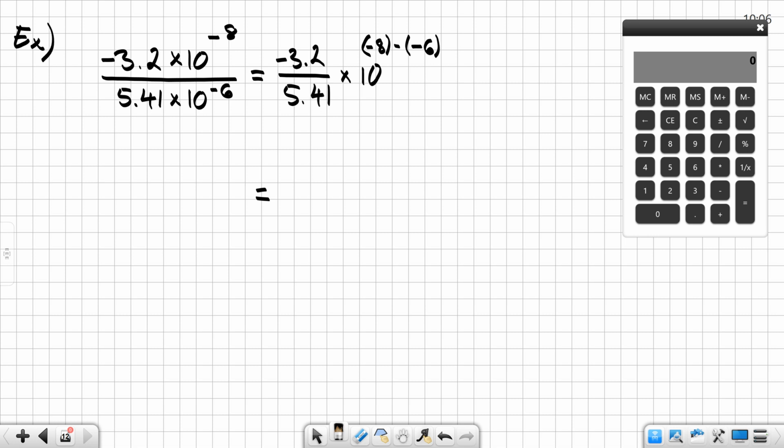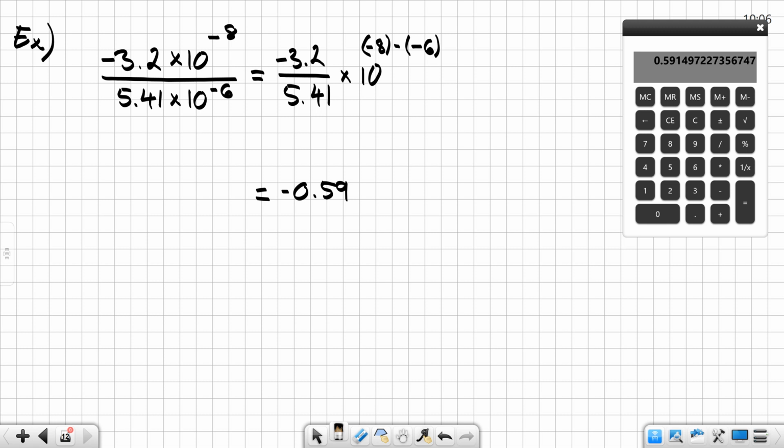Well, the first thing, what do I have? For my calculator, I'm just going to use 3.2 divided by 5.41, because I know the number will be negative, because the numerator was negative. 0.59149.